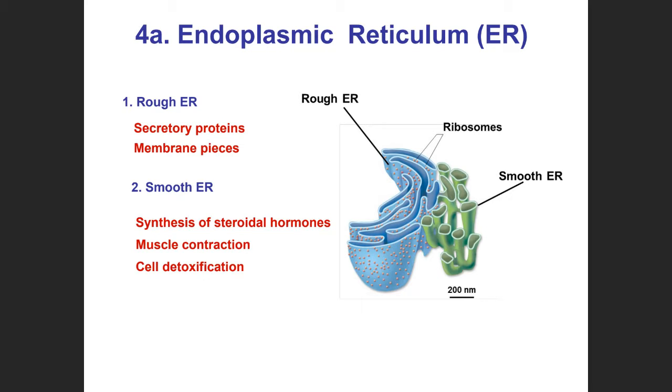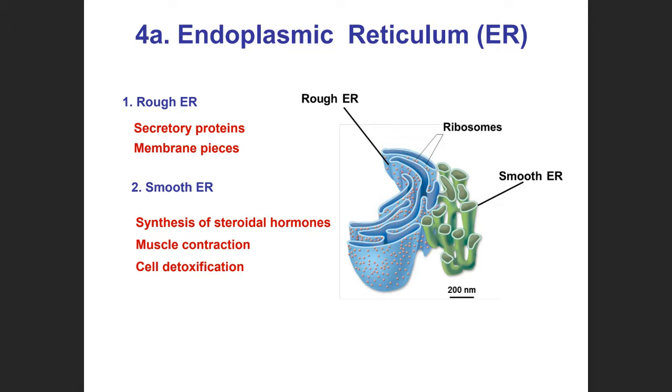The liver is very rich in smooth endoplasmic reticulum, which is why we have a lot of fatty acid in the liver. The first organ that shuts down in a drinker is the liver, because it plays a role in detoxification, taking away toxins such as alcohol from our body. So when somebody is drinking too much alcohol, the liver, which is very rich in smooth endoplasmic reticulum, is going to shut off because it is playing a role in cell detoxification.